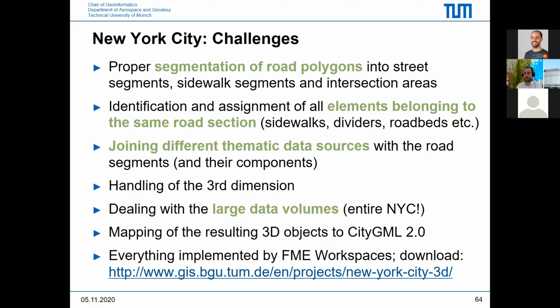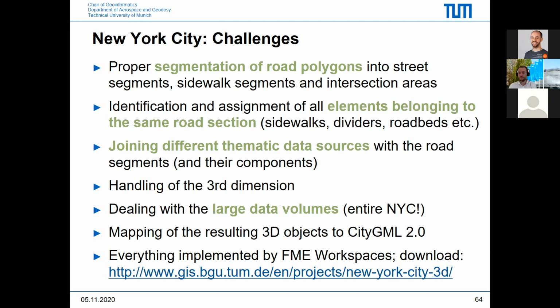Then there were a lot of different thematic data sources. I said to you that there was information on speed limits, on pavement rating, and so on, but all divided over different data sets. We had to find ways to integrate this information, linking the information to one corresponding city object. We also needed concepts for handling the third dimension.